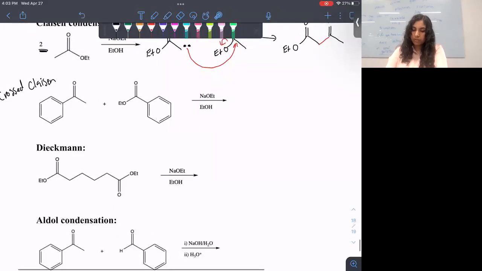So there's only one place where we could deprotonate, and it's this carbon. There's no other carbons that have alpha hydrogens in the entire reaction. So we deprotonate there, and then we just go ahead and attack the ester.